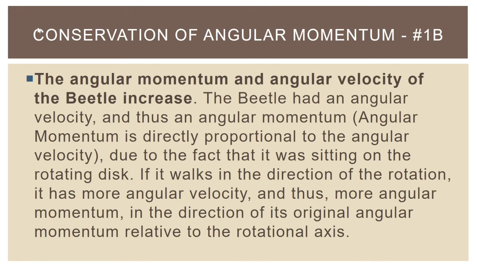It adds, right? Just like the 10 and the 2 on the train would add to give you 12 for that outside observer. The new velocity relative to the disk plus the actual velocity of the disk results in an increased angular velocity and thus an increased angular momentum for the Beetle.